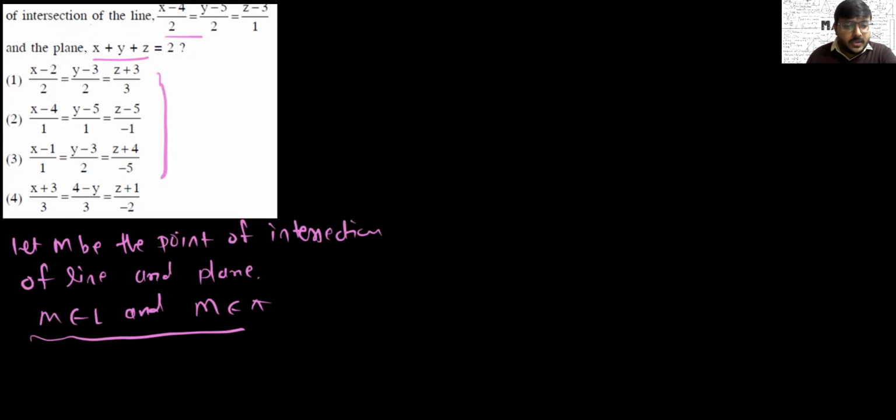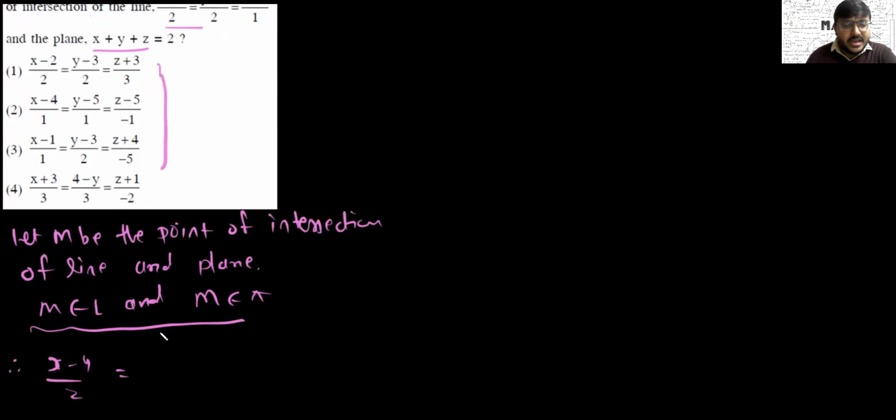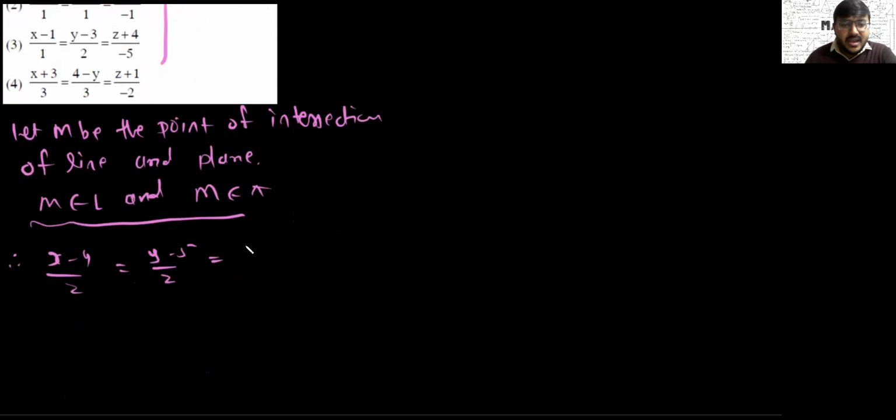So what I will do, I will make the coordinates of x, y, z from the line. So let's say (x minus 4) by 2 equals (y minus 5) by 2 equals (z minus 3) by 1 equals k.